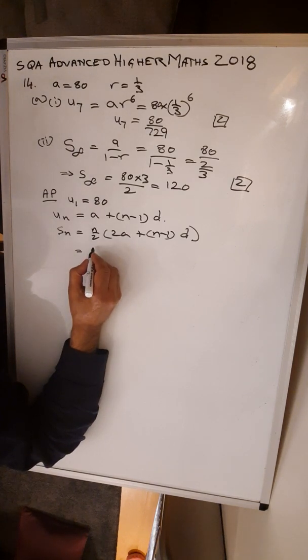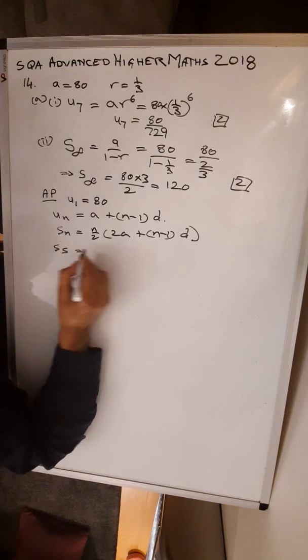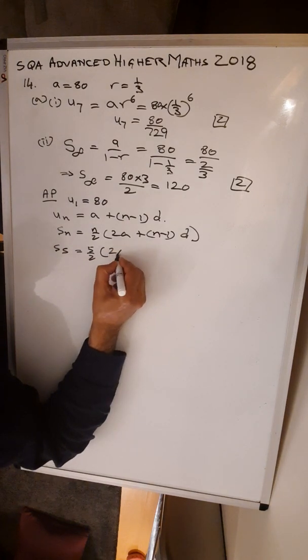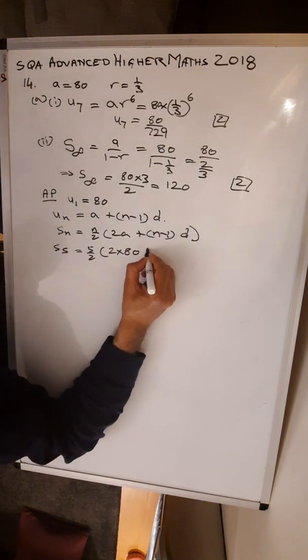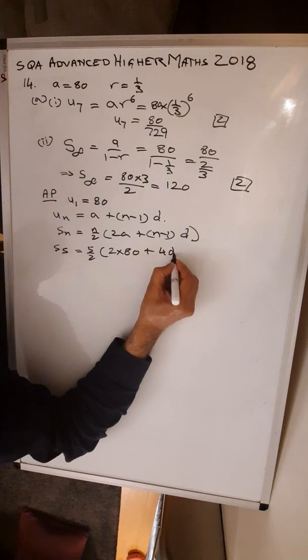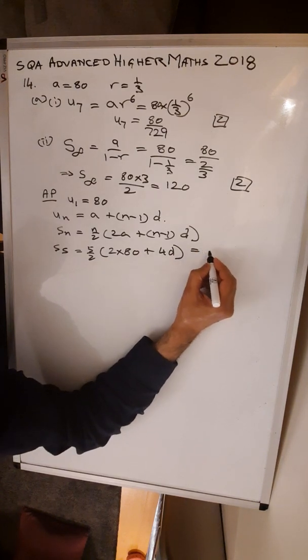And that is equal to 240 when it's the sum of the first 5 terms. So S5 is 5 over 2 times 2 times 80 plus, for the first 5 terms, 5 minus 1 is 4, so 4d, is equal to 240.